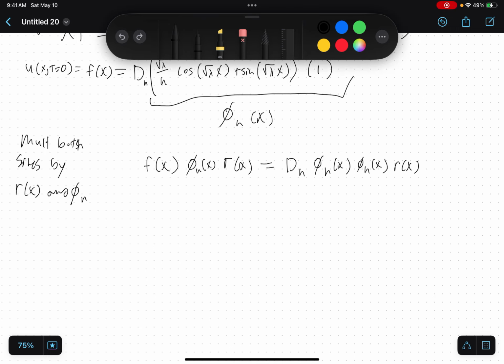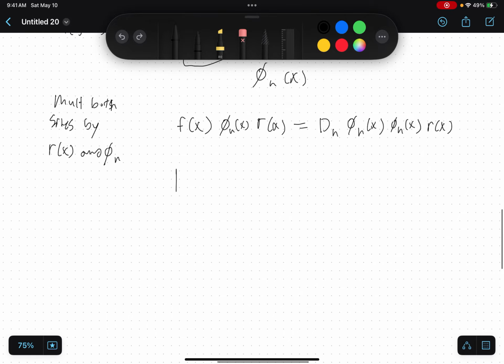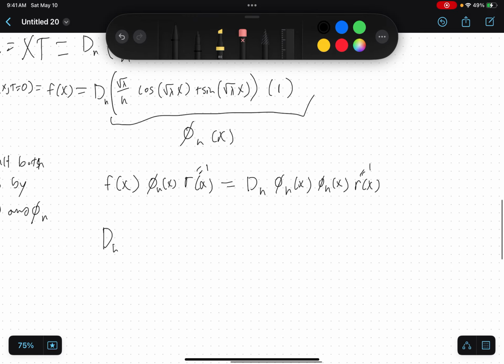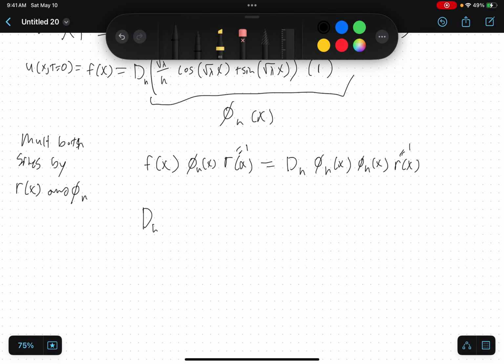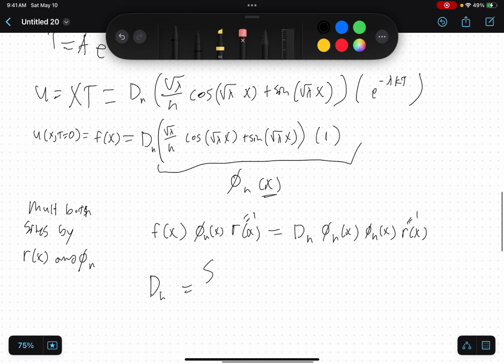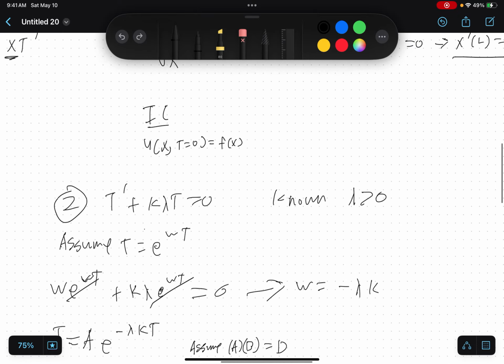So anyways, you solve for dn. So you divide this stuff over, and you integrate it. Yay. By the way, the r of x's just equal 1, like I just mentioned, so I'm going to drop them. So you integrate it based on what x is.